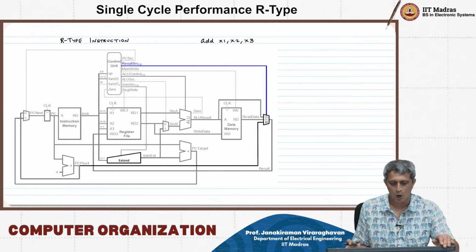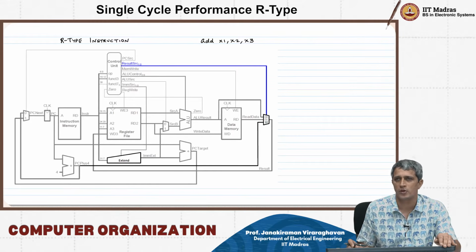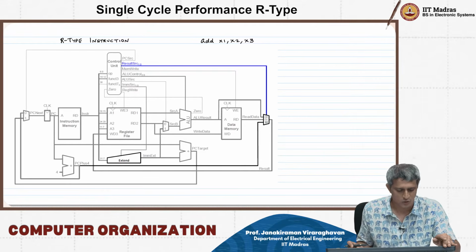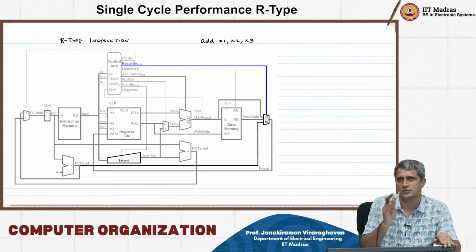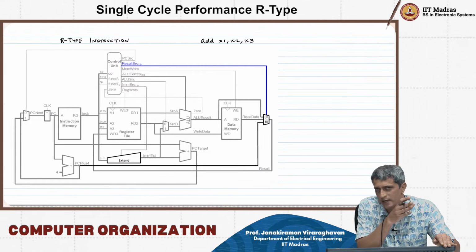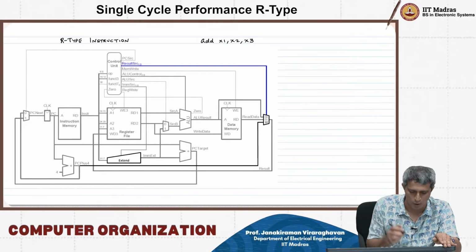Okay, so as we discussed, the launch flop for any instruction is basically the program counter, right? So essentially what is going to happen is the clock is going to pulse, and then the PC next is ready and it has been latched by that particular flip-flop, right?